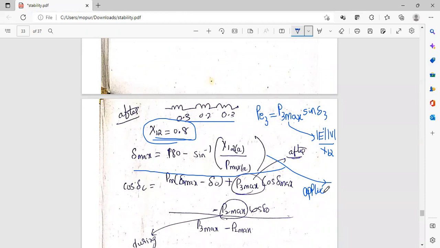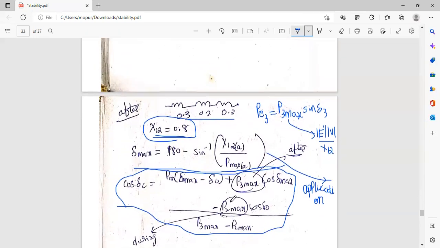Now we had found out del max and we know the del naught. We know del naught, we know del max, we know P2 max, P1 max and P3 max. So using this critical clearance angle formula, this is the formula for application 2 critical clearing angle. Find the value of del C. As I had already said, P3 max is after and P2 max is during.